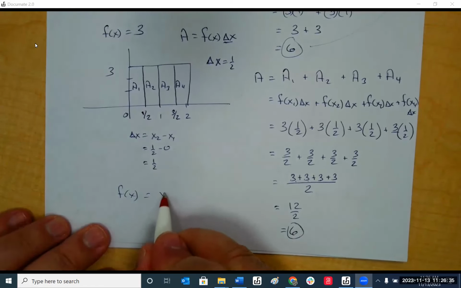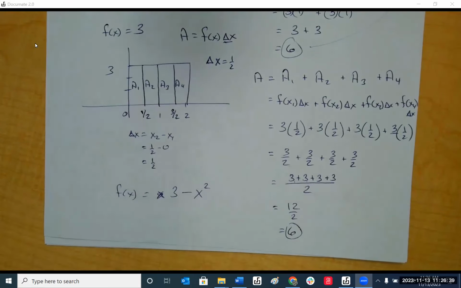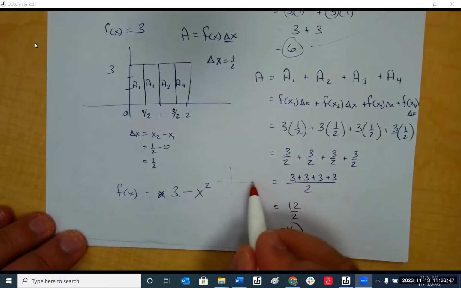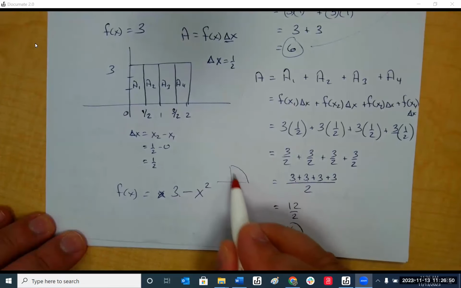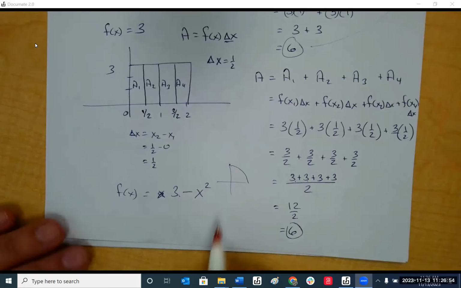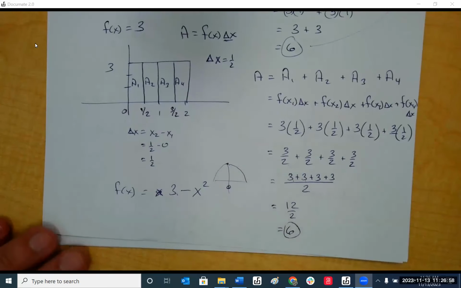If it's x or 3 minus x squared, this graph is going to look like that. Of course, it goes to both sides, but we only want it from that side.